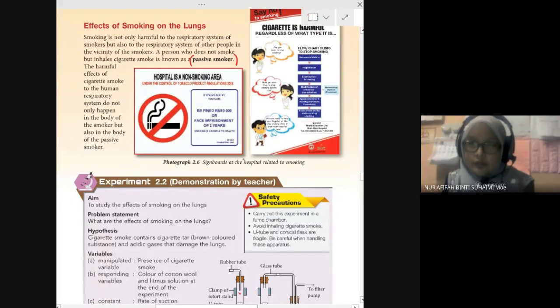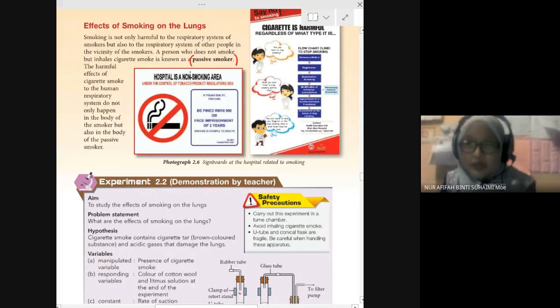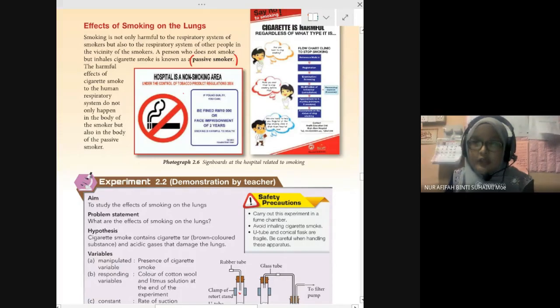So that's why we ban the smoking activity in public area, in hospital, in school, dekat hospital, dekat sekolah, dekat klinik, even at the restaurant, tempat makan, so tempat public, merokok tidak dibenarkan.